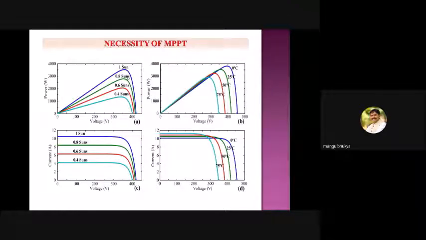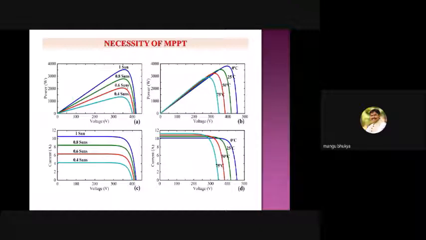That maximum of 1000 watts per meter square we call 1 sun. So 0.8 sun means 800 watts per meter square, and 0.6 means 600 watts per meter square. This is the amount of radiation.